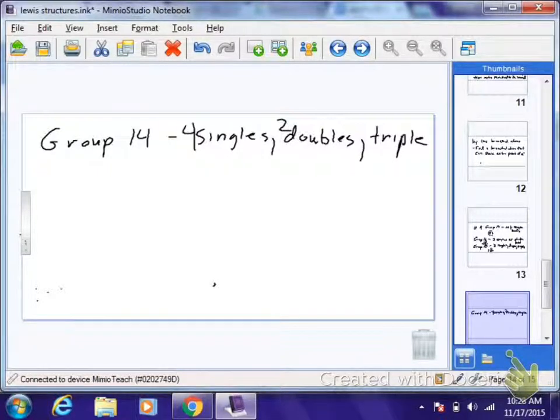If you look, group 14's got carbon in it, and carbon is basically the element of life. When you look at anything that's living and look at what the base element is, it's carbon. Carbon is the element of life. Carbon-based: proteins, carbohydrates, DNA, RNA, all that kind of stuff.